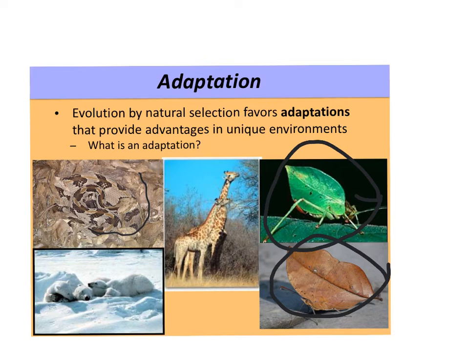So having a long neck, especially in the dry season, when all the other vegetation has been eaten, allows you to survive, and individuals with necks that are not so long do not survive, and therefore do not reproduce.